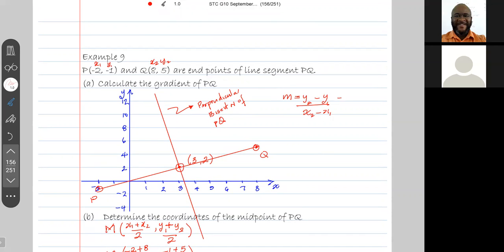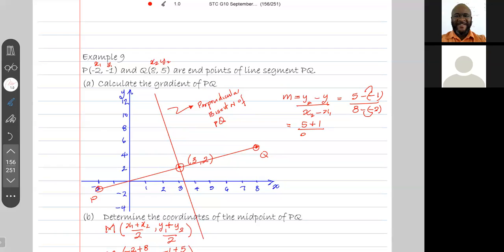That is 5 minus negative 1 over 8 minus negative 2. A negative times a negative is a positive, so the numerator is 6 and the denominator is 8 plus 2.